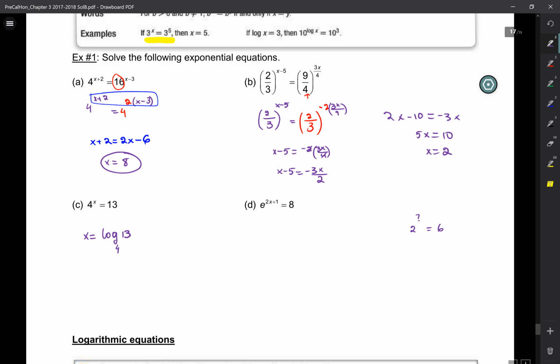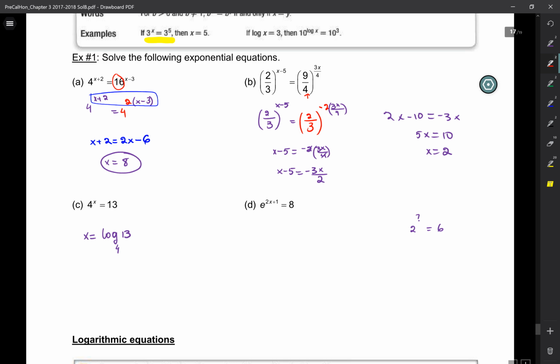Is what I have here in purple the same as the equation on top? It is. Because when I see x equals log base 4 of 13, immediately I think, 4 to the power of what equals 13?